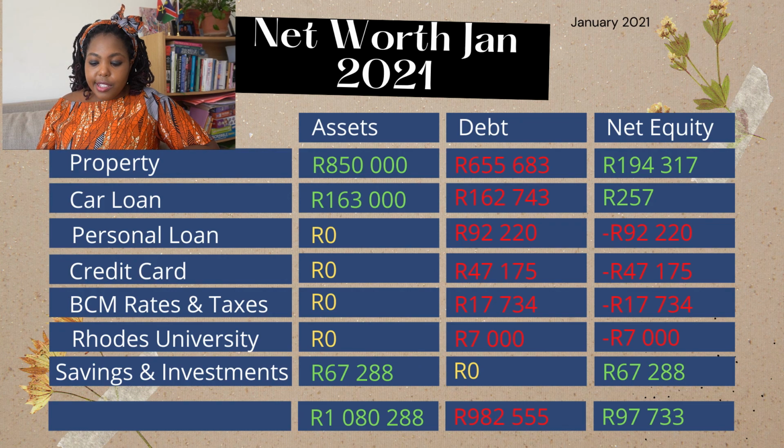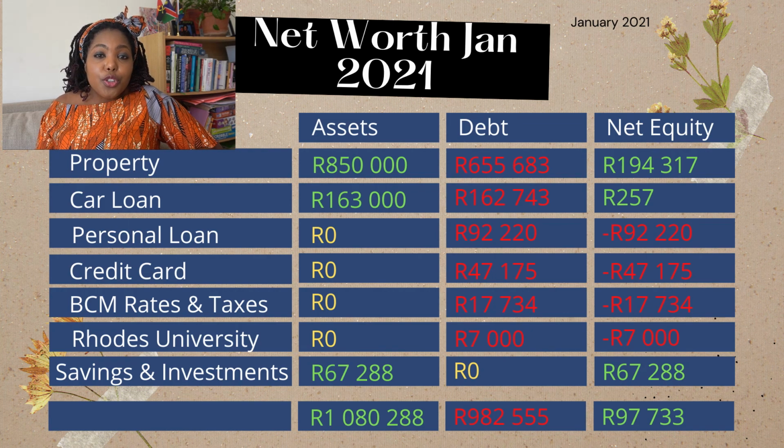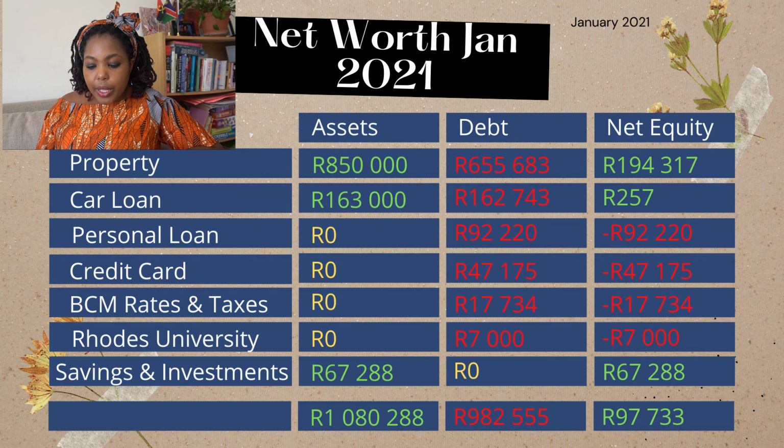And obviously you guys know my debt. So now, in order to try and determine my net worth, we will first look at what my property is valued at: 850,000. I've had it for over 2 years, almost 3 years now.